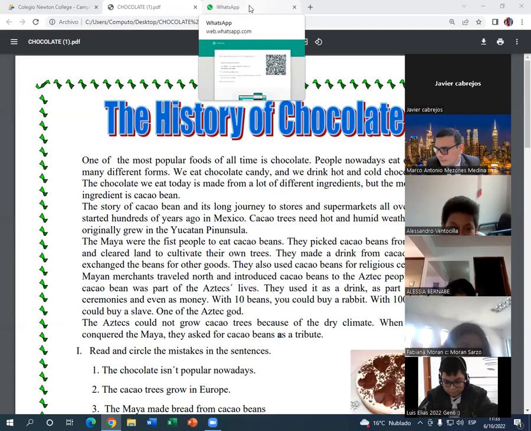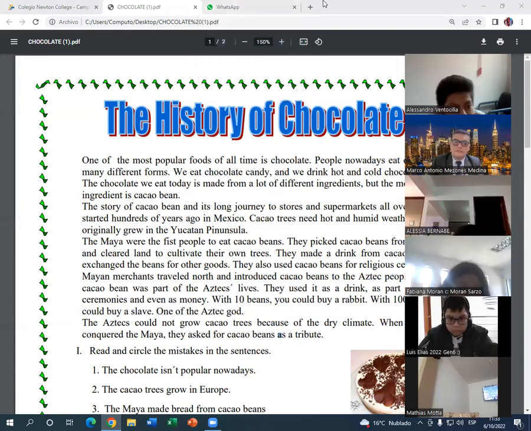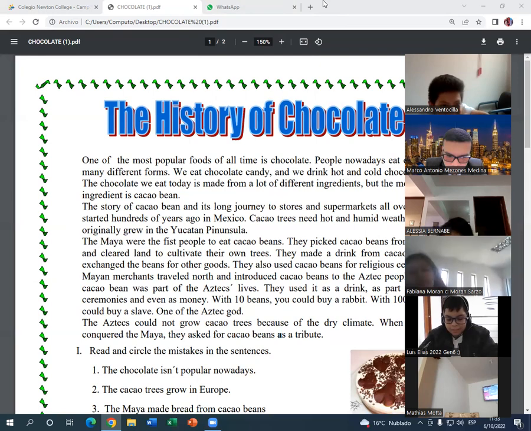Since the cacao bean was part of ceremonies and even used as money, with 10 beans you could buy a rabbit, and with 100 beans you could buy a slave, one of the Aztec goods. The Aztecs could not grow cacao trees because of the dry climate. When the Aztecs conquered the Maya, they asked for cacao beans as a tribute.